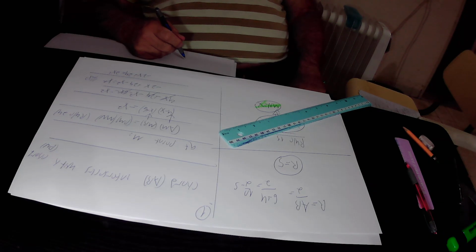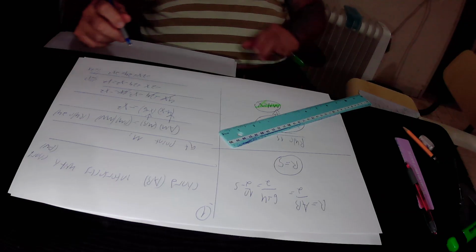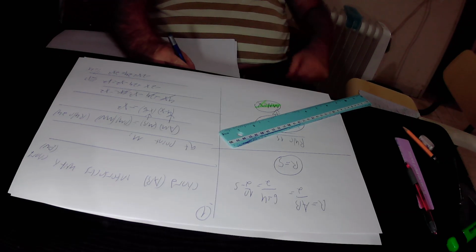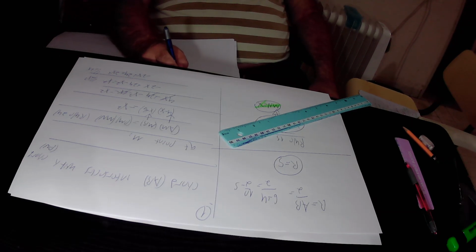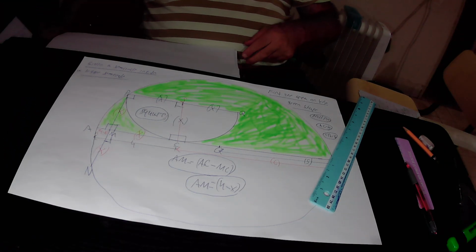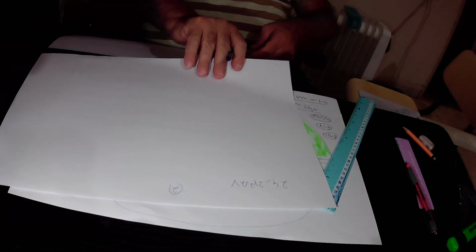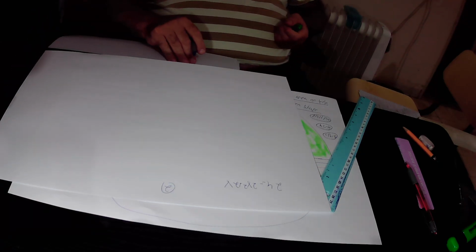Here we add 2x to this equation, and you get that 24 equals to 2x squared plus 2x. And again we found out in total that 24 equals to 2x squared plus 2x.